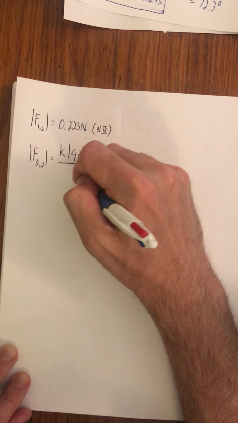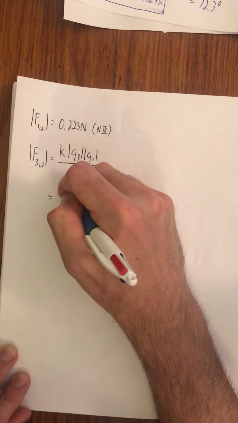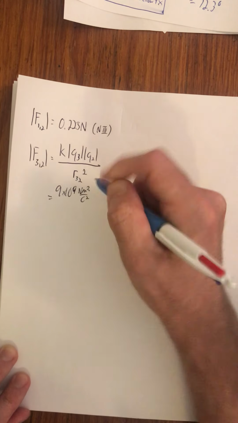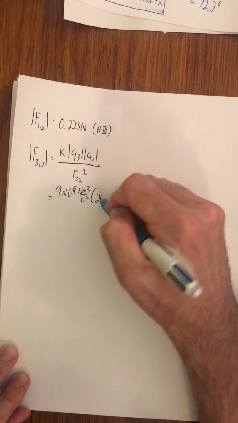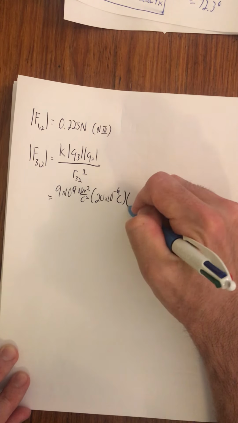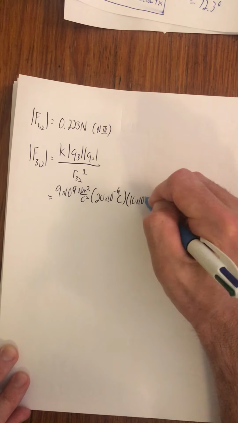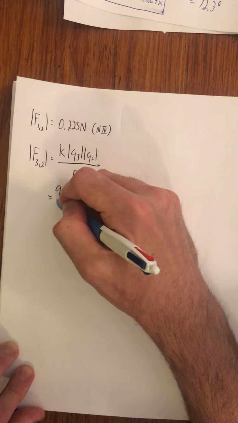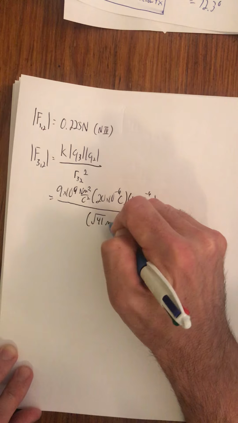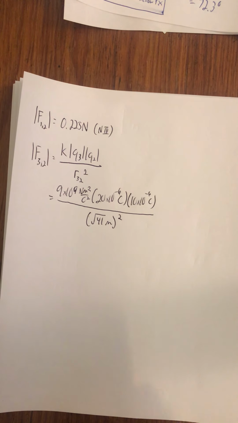So this is the r32 squared. That's going to be 9 times 10 to the 9th newton meters squared over coulomb squared. We know charge 3 is 20 times 10 to the negative 6 coulombs. I just ignore the negative sign once again. 10 times 10 to the negative 6th, all over, and this is where I take my radical 41 meters quantity squared, so I can just have radical 41 on the bottom after I square that.